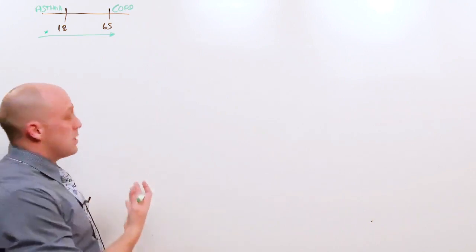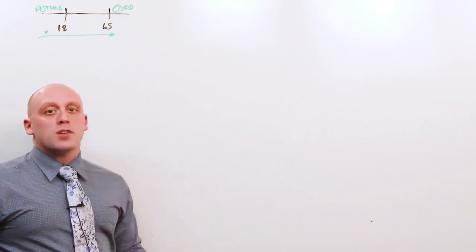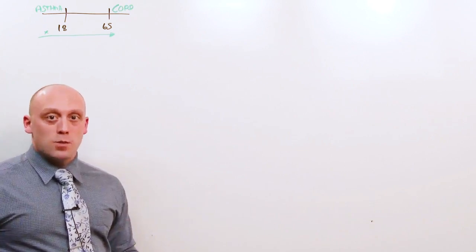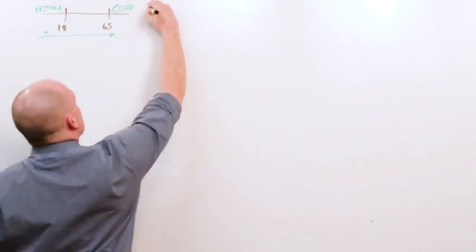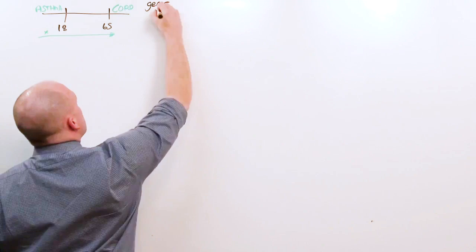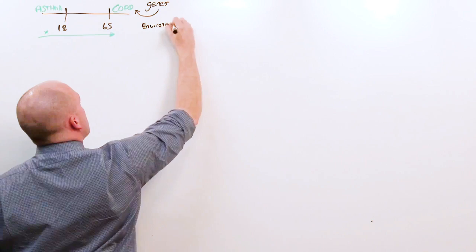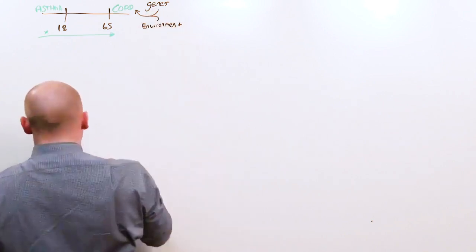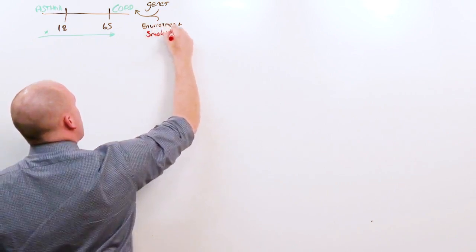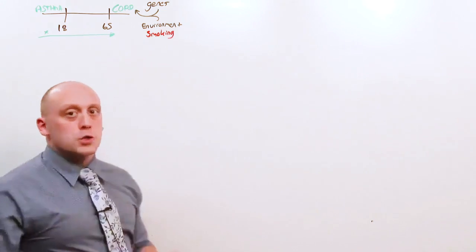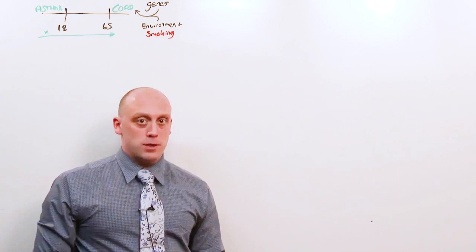Now, could you get COPD younger than 65? Of course. But the idea is you have to have a combination of both genes and environment over a long period of time. And when I say environment, what I mean is smoking, illustrated by the fact that almost all COPDers are smokers, but not all smokers are COPDers.